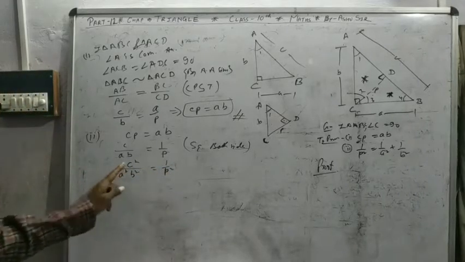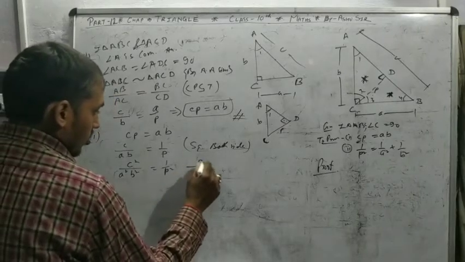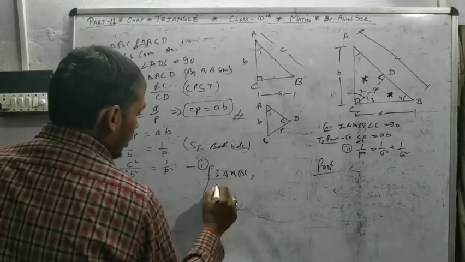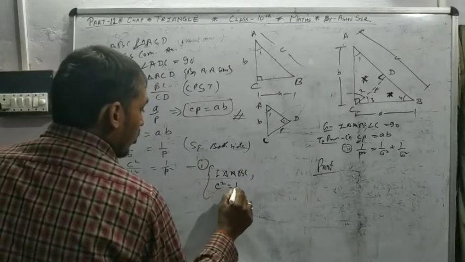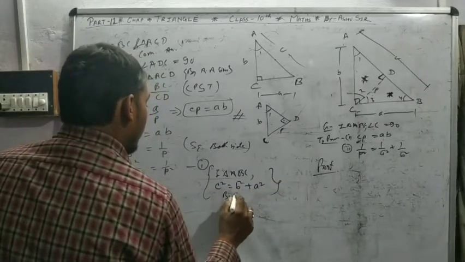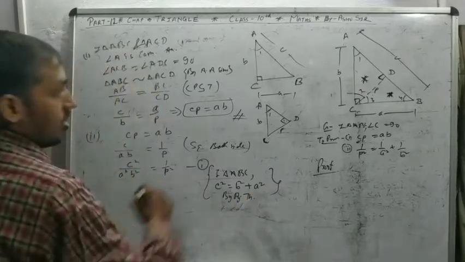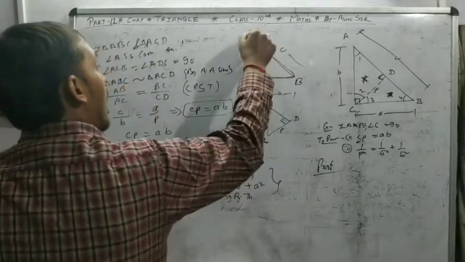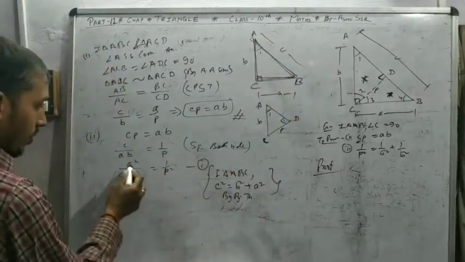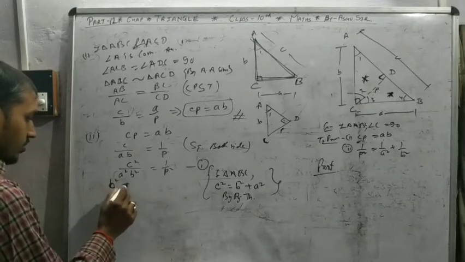Then we have no use of C. So in triangle ABC, C square is equal to B square plus A square by Pythagoras theorem. In this triangle, hypotenuse square is perpendicular square plus base square. So we can replace C square by A square plus B square.